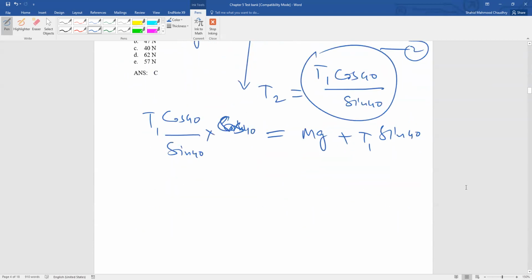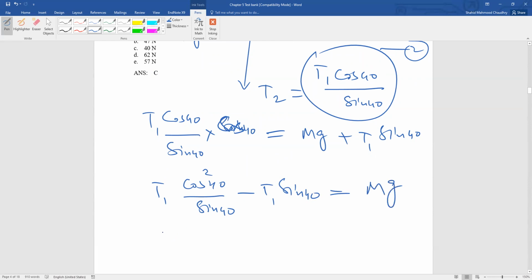Now you can solve this equation for T1. To solve it for T1, it will be T1 cos square 40 divided by sine of 40 minus T1 sine of 40 is equal to mg.